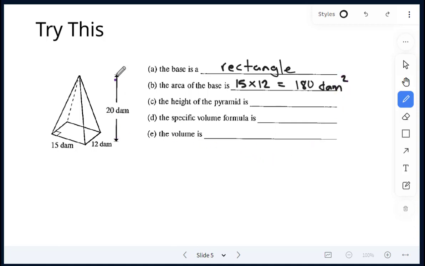The height of the pyramid is 20 decameters. We know its volume is 1/3 area of the base times height, and that would become 1/3. The area of the base is a rectangle, so length times width and then multiplied by height.